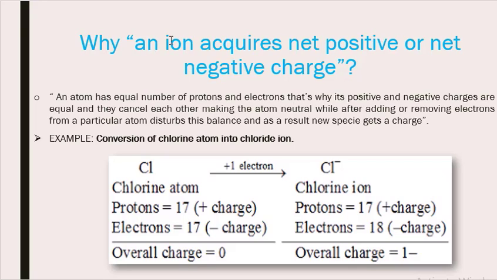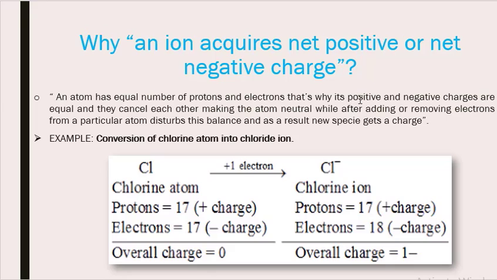Now, a very important question: why an ion acquires net negative or net positive charge? As we know that an atom has equal number of protons and electrons in it.